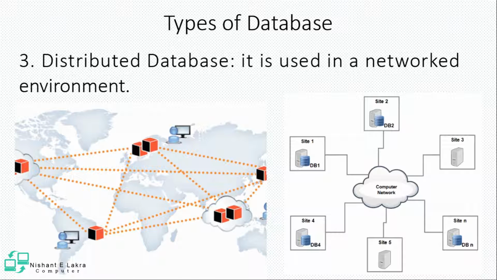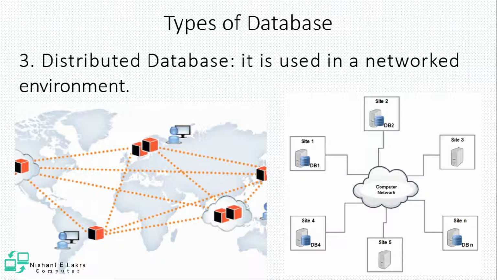The third type of database is known as a distributed database. By the word distributed, you should understand it is widely spread. This distributed database is used in a networked environment.